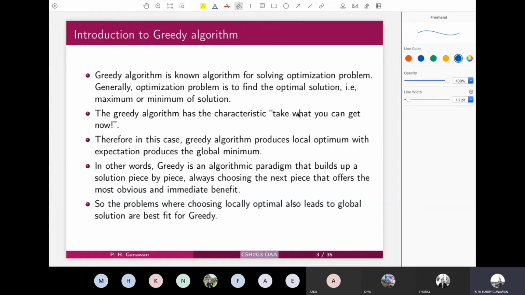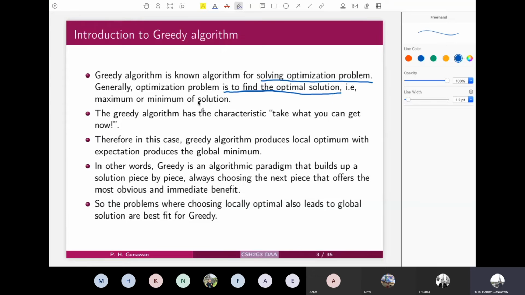So what is a greedy algorithm? The greedy algorithm is known as an algorithm for solving optimization problems. Generally, an optimization problem is to find the optimal solution.